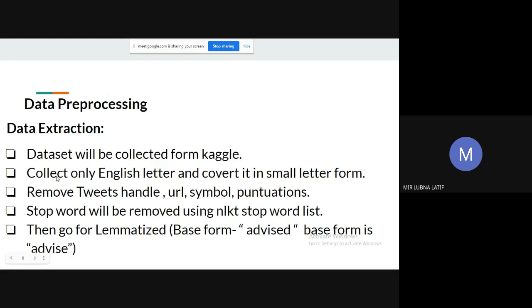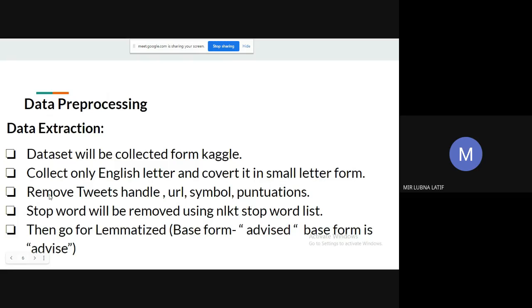Then I'm going to collect the English letters and convert them into lowercase form. Then the tweets will undergo many stages of pre-processing cleanup, like Twitter handles and URL symbols.